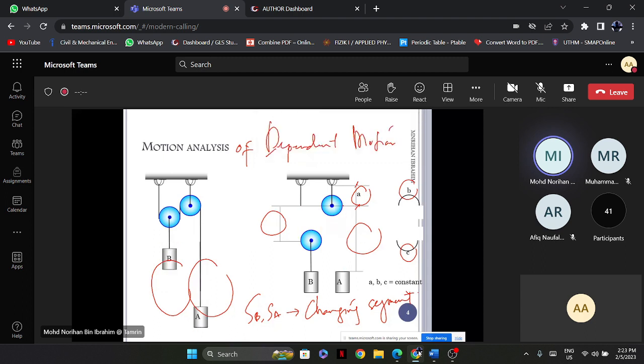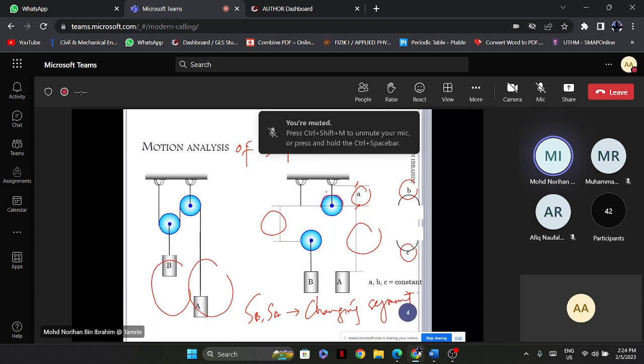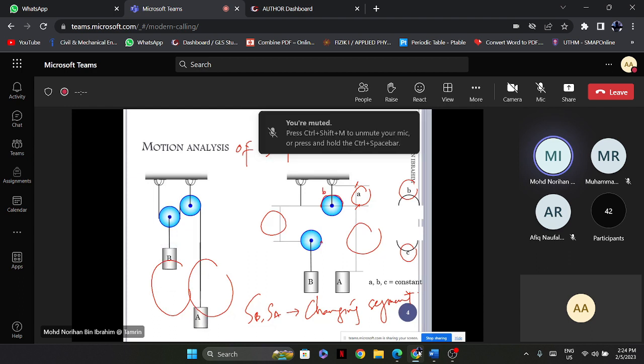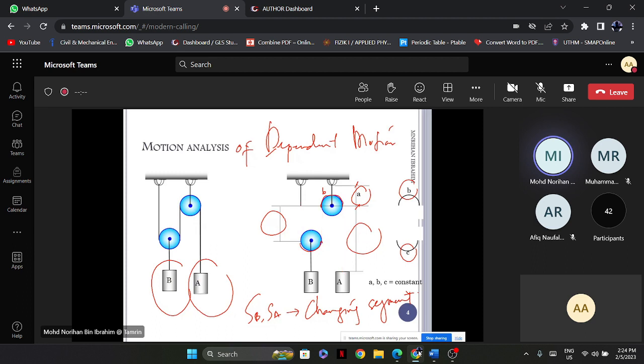B is the cord which wraps around this pulley. C is the cord which wraps around this pulley and block B. So A, B, C are constant segments.